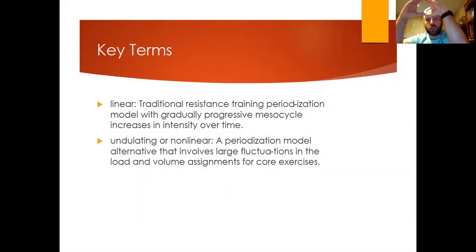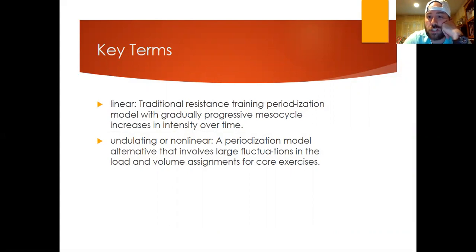Week 2, 4 sets of 8 at 60%, then 4 sets of 6 at 70%. That's linear, so it follows the same trend. Then at the end of a mesocycle we drop it back down and start again, and it follows a curve again.